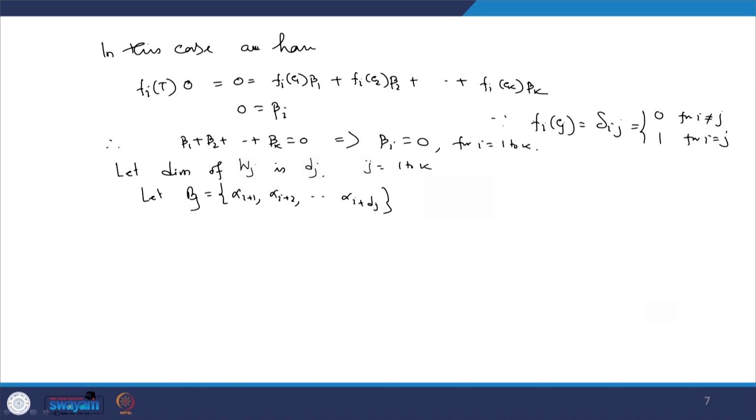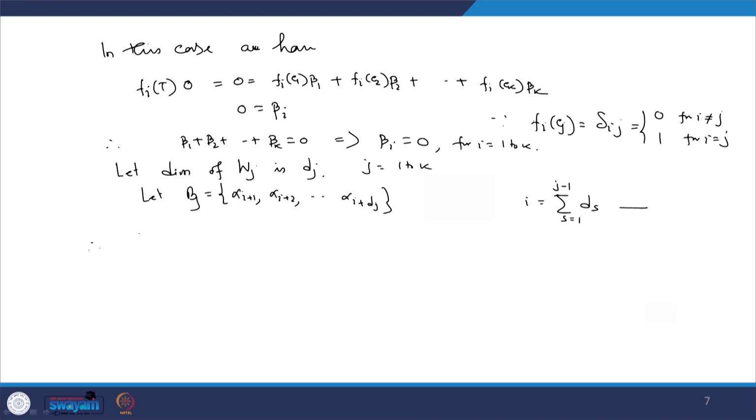Let me consider the ordered basis Bj for Wj, Bj equal to alpha i plus 1, alpha i plus 2, up to alpha i plus dj, where i is basically the sum of ds, s equal to 1 to j minus 1. So I have B1, B2, Bk, which are the ordered bases for W1, W2, Wk.